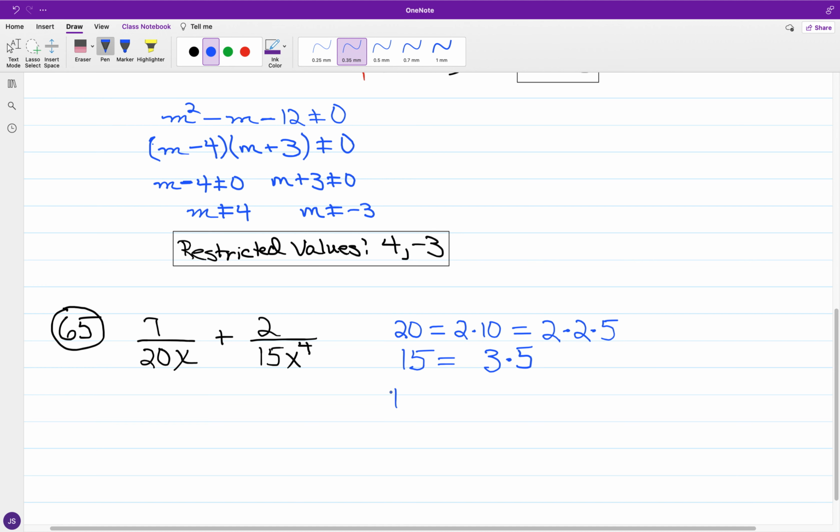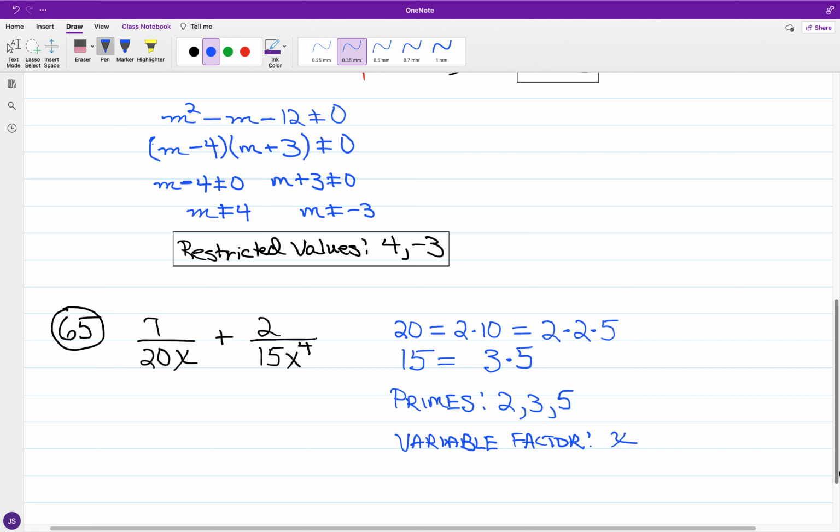So the prime factors, we'll just call those the primes, are the numbers 2, 3, and 5. And there's only one variable factor, and that's the letter x.